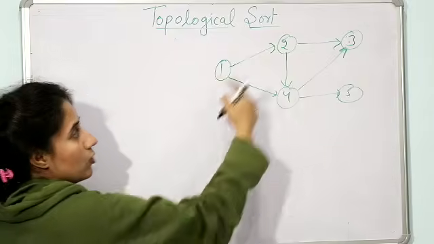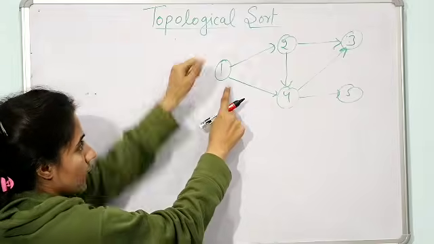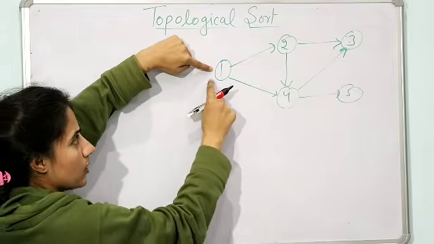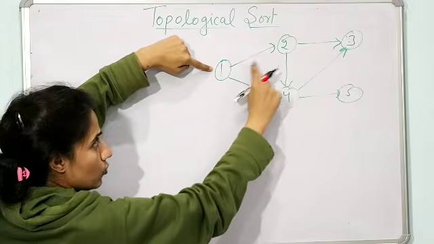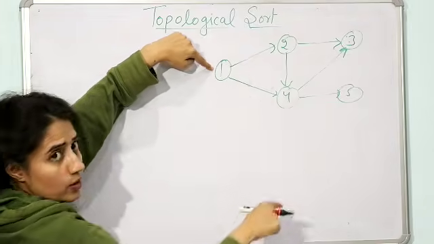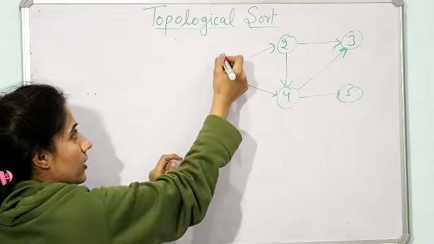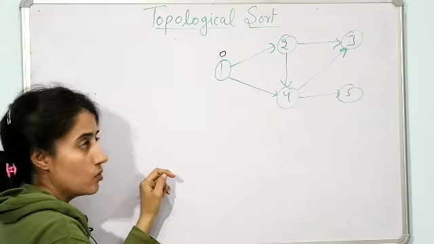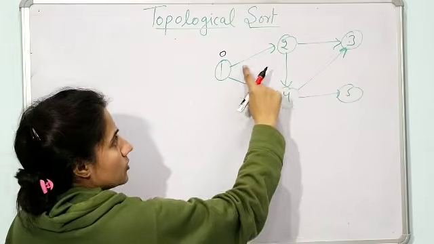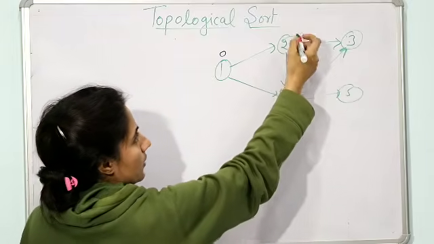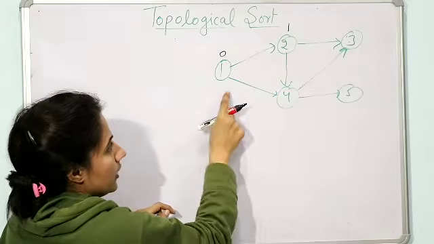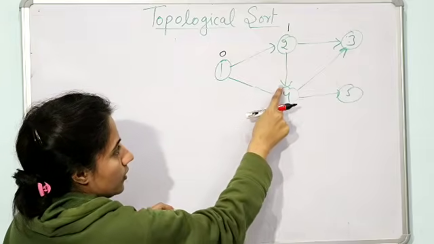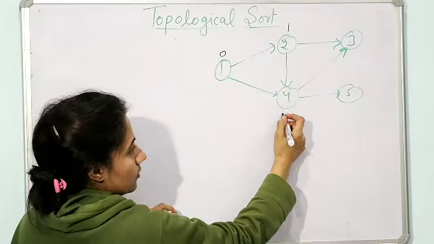Now, find out in degree of every vertex. In degree of this 1: is there any edge which is coming to 1? No, there are two edges which are outgoing from this one, no edge is coming. So, in degree of 1 is 0. In degree of this 2 is, there is only one edge that is coming, 1. In degree of this 4 is, 2 edges are coming to 4, 2.